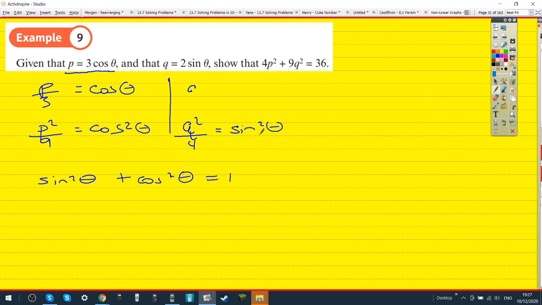Yeah, so what is sine squared theta the same as? It's the same as q squared over 4. And what is cos squared theta? P squared over 9. That's equal to 1. And then make it look like the ones in the question.